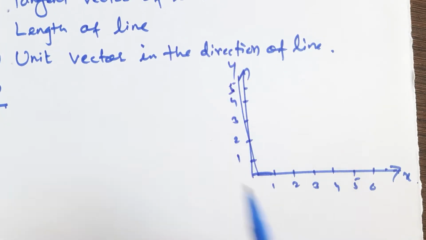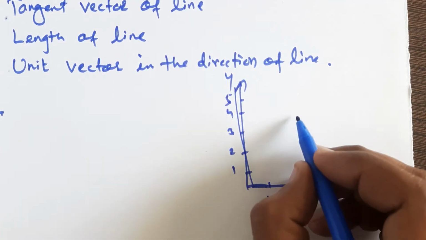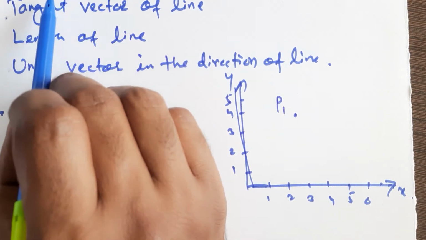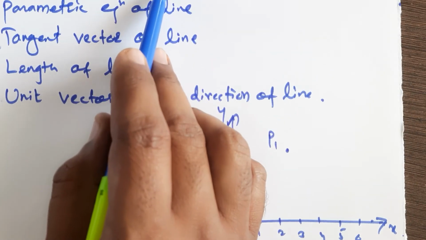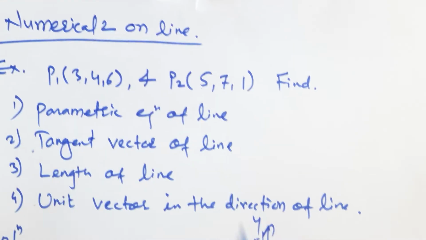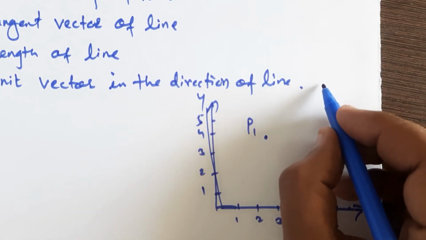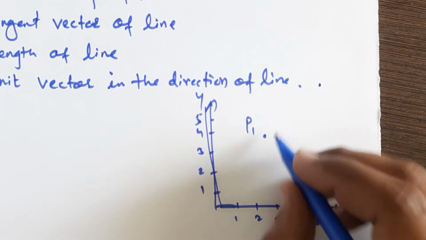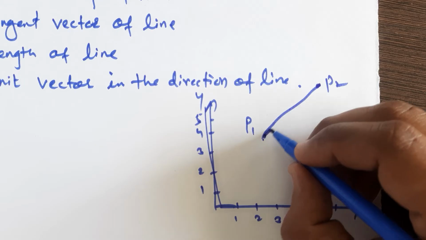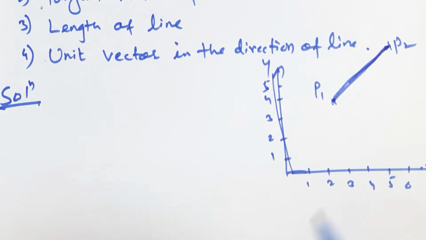Now 3 comma 4: 3 is x and 4 is y, so 3 comma 4 will be the first point, P1. The second point is 5 comma 7, so 5 is x and y is somewhere around 7. So 5 comma 7 will be P2. This is a straight line, and P1 and P2 will be the end points in 2D.